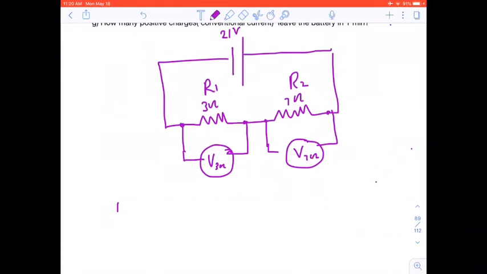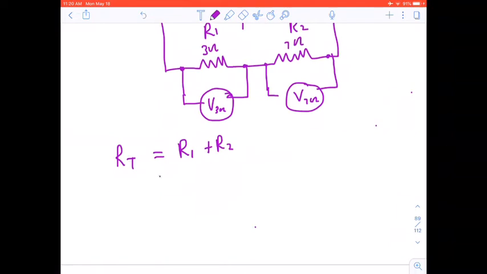We're saying R total is equal to R1 plus R2, which is then equal to 3 ohms plus 7 ohms, which gives us 10 ohms.